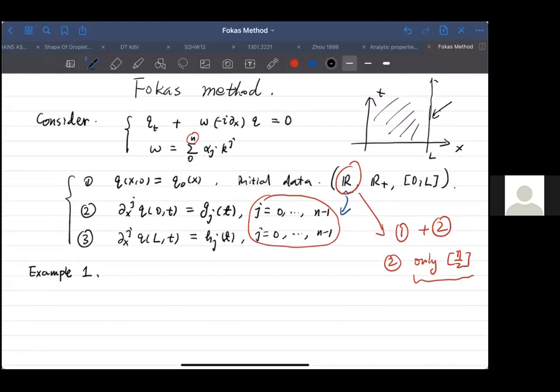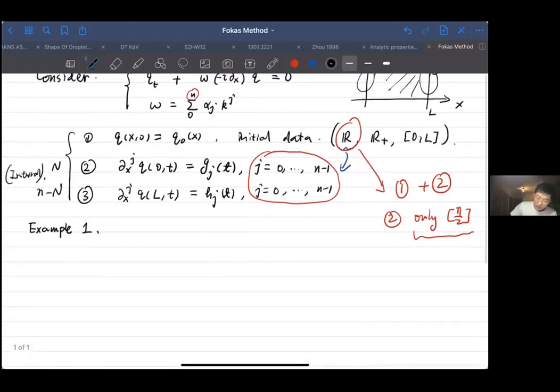Totally n, but at least one from each boundary, up to n. So you can choose some from one boundary and the remaining n minus that number from the other, for the interval or half line.